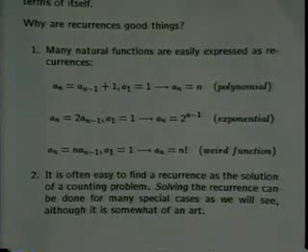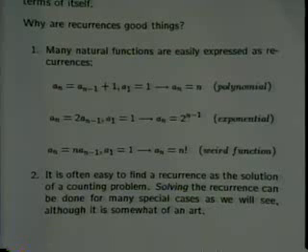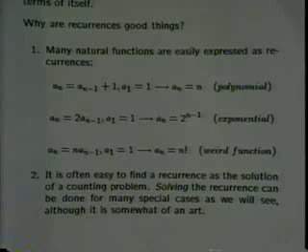But in general, for any kind of counting problem, it's usually very easy to come up with a recurrence relation that describes exactly what we want. And then our analytic problem simply reduces to solving the recurrence relation, which is somewhat of an art, but since it's so easy to come up with the recurrence, this is often the right way to go. Any questions about why recurrence relations are good things? Okay? Very good.